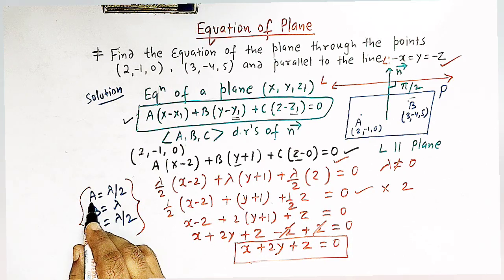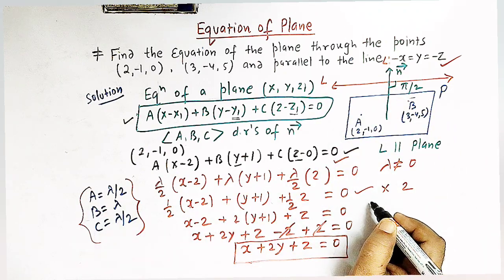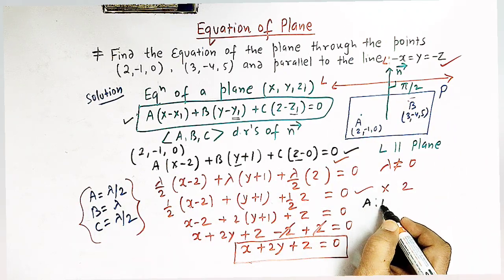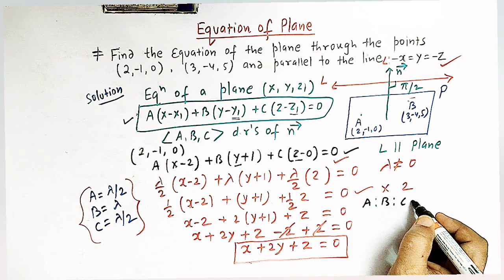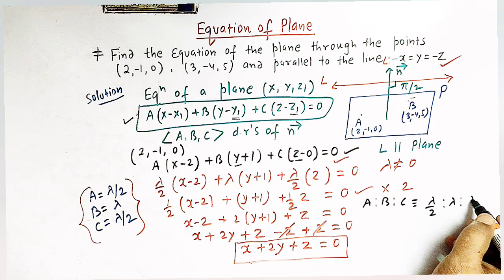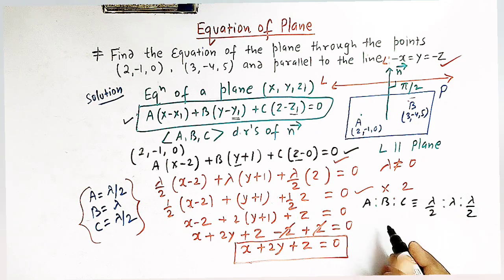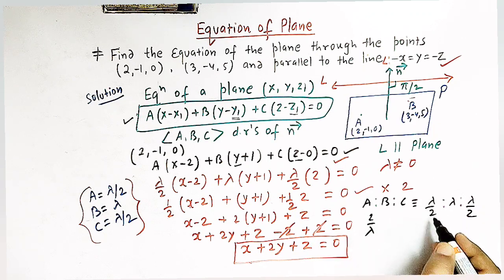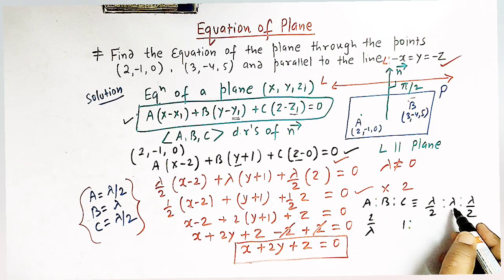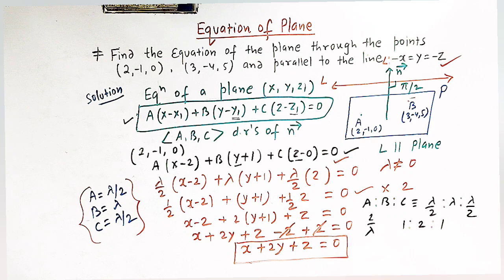Now see, the direction ratios of the normal vector are given by a, b and c, right? So we have a, b and c as lambda over 2, lambda, and lambda over 2, right? So if we multiply throughout by 2 over lambda, then we have 1, 2 and 1, right?